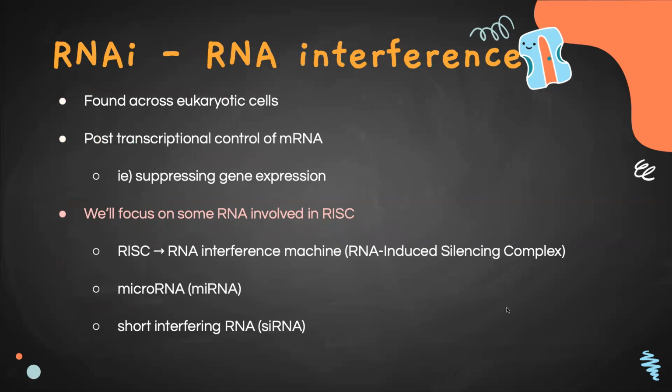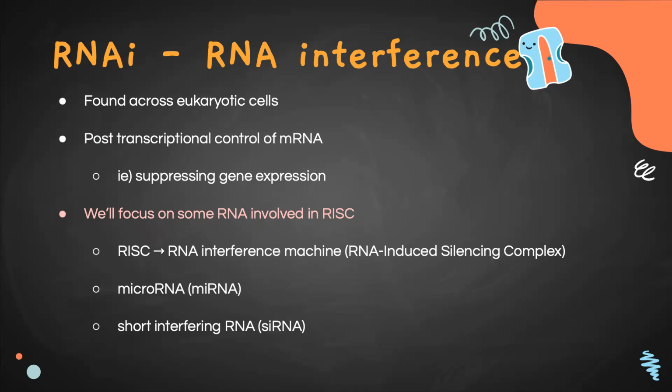There are different types of RNA control, and this one is post-transcriptional, so it occurs after the RNA has been transcribed from the DNA, but before it becomes a polypeptide. This is found across eukaryotic cells. It works for suppressing gene expression, and it can also be useful in research for knocking out genes, to see what the gene's function is if we turn the gene off, and seeing what stops occurring.